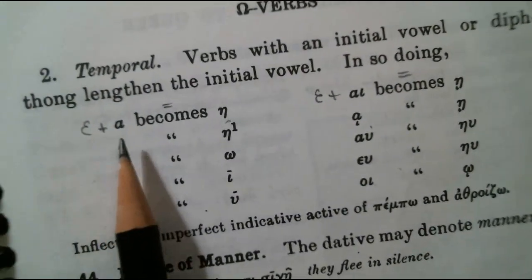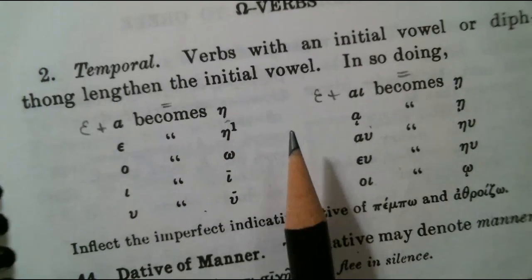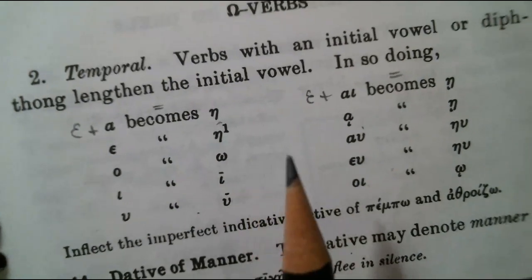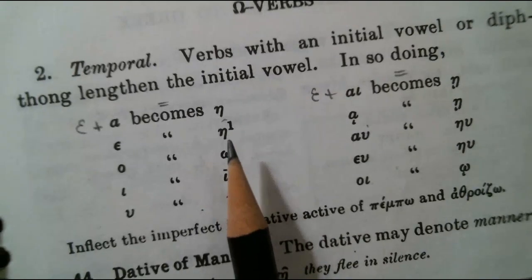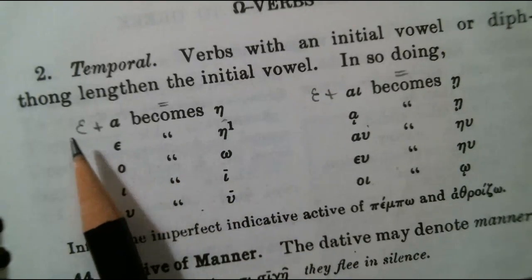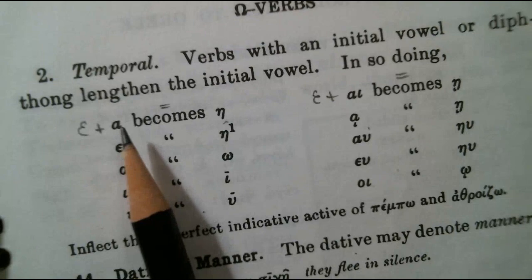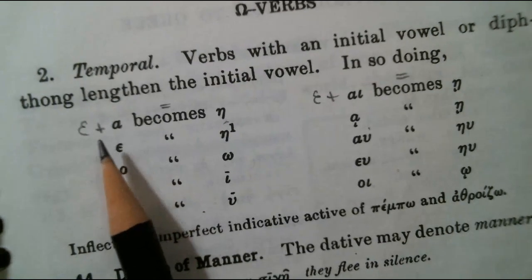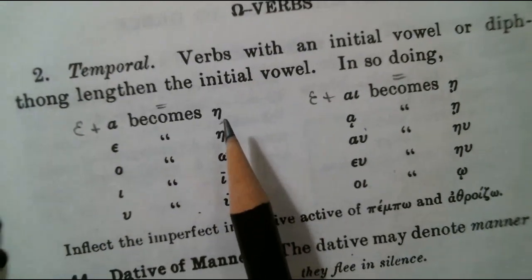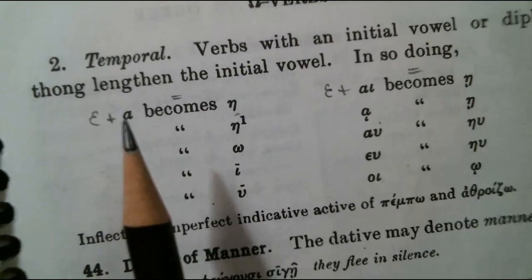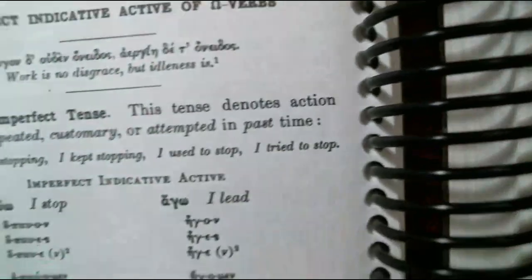that epsilon plus alpha equals eta, I know it's either going to begin with an alpha or an epsilon, because a word that begins with alpha or epsilon, when augmented with epsilon, becomes eta in either case. So I know that this word originally begins with alpha or epsilon, all right?